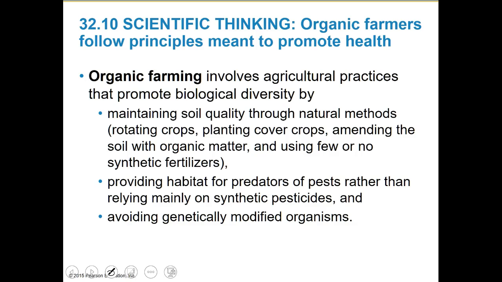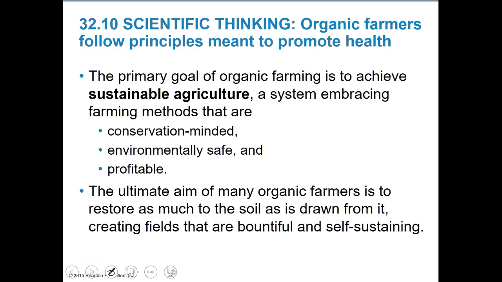All right, so organic farming includes agricultural practices that promote biological diversity. If you see organic on the packages, they try to maintain soil quality through natural methods, maybe crop rotations and some other things. They try to provide a habitat for predators of pests rather than relying on synthetic pesticides, and try to avoid GMOs.